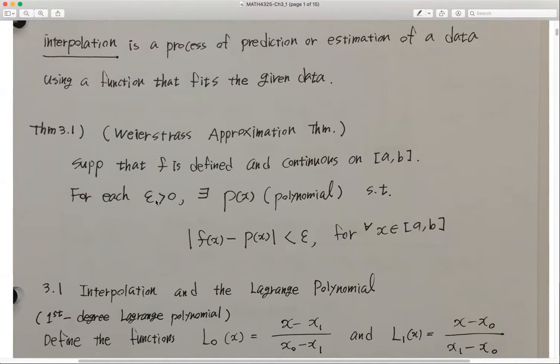So for each epsilon, even if we set it to 10 to the negative 8th power, which is really close to 0, there exists a p of x. That theorem guarantees the existence of a polynomial function such that the absolute value error, f of x minus p of x, is less than epsilon. So because of that theorem, we can guarantee that the Lagrange polynomial can be considered an approximate function of f of x.